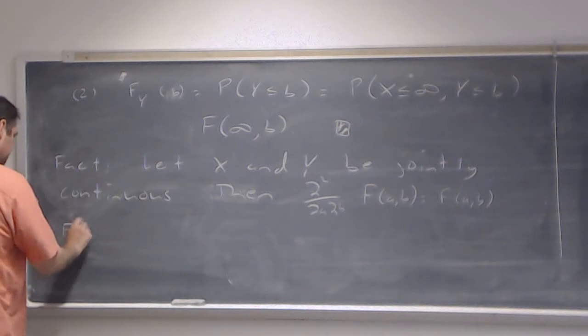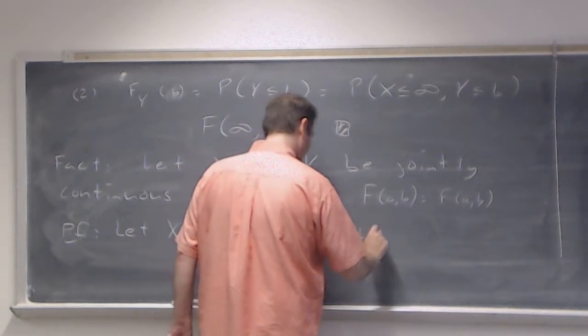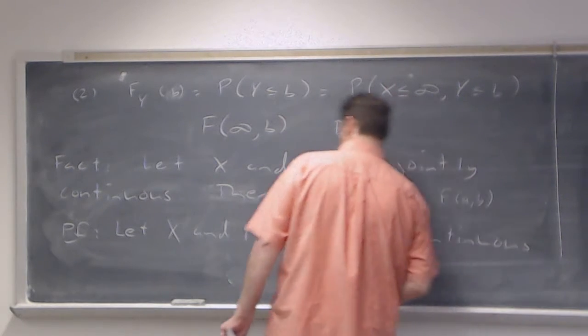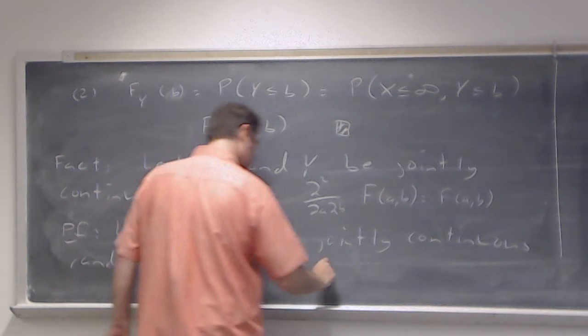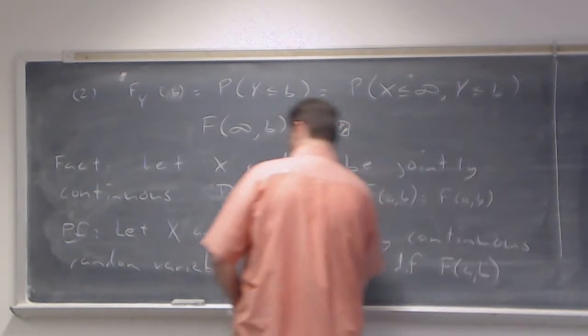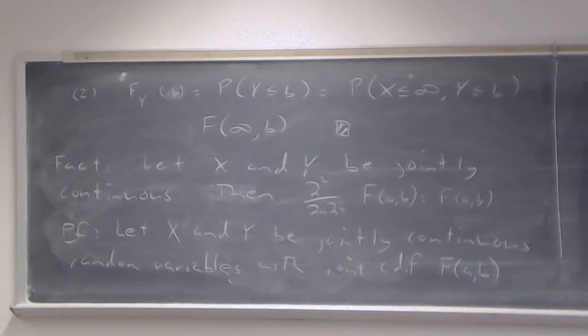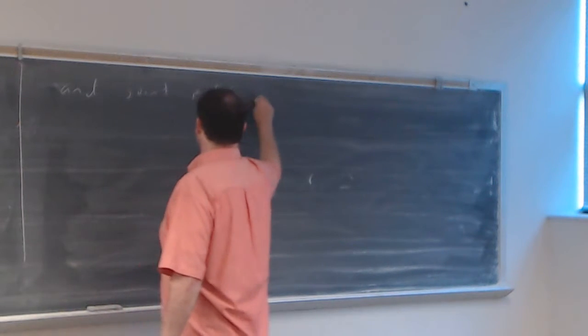Okay, let's prove this. Let X and Y be jointly continuous with joint CDF F(a, b) and joint PDF, this is my notation, little f of x comma y.